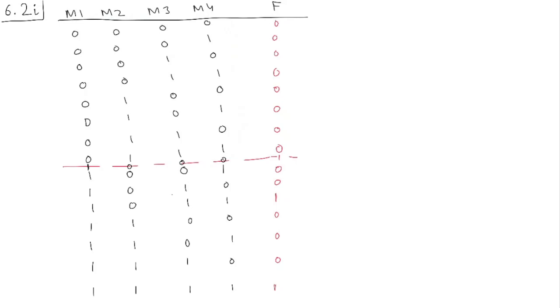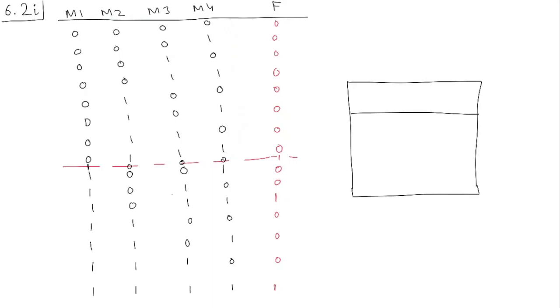Okay. Now what we want to do is a K-map reduction from here. So to draw a K-map, this is a 4 input K-map. So we need 4 columns and 4 rows.